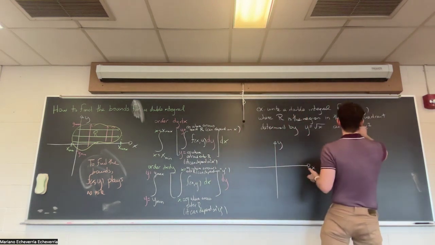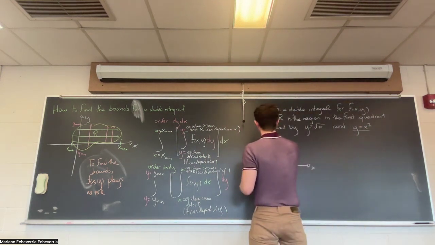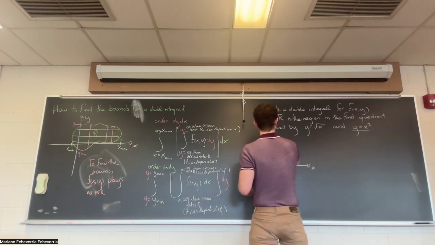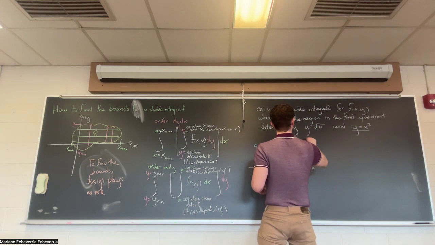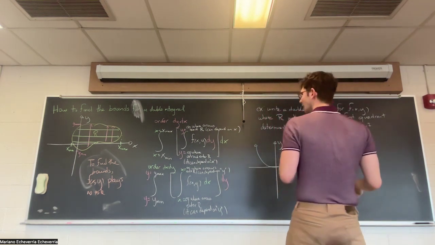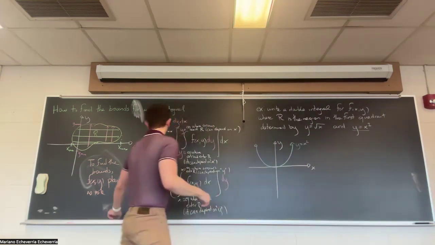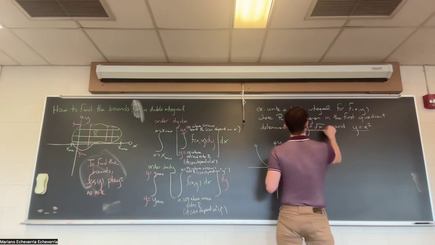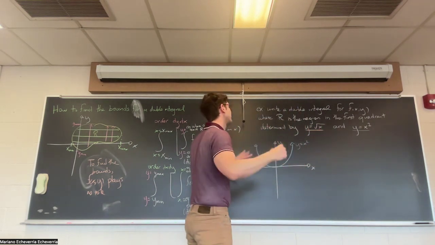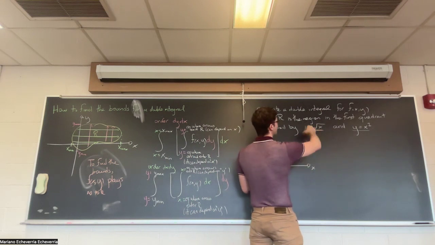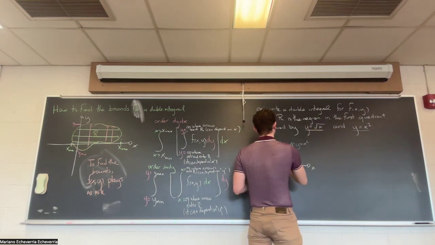So let's start with the easier one, which is the parabola. That's a parabola, it looks like this. And then the other one, which is the square root of x. Not sure how much you remember about the square root of x, but not too much that you need to remember, except that the square root is only defined for non-negative numbers.